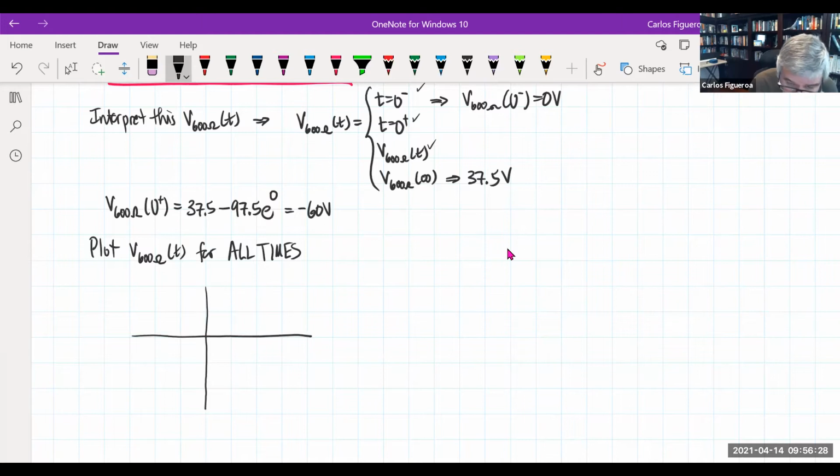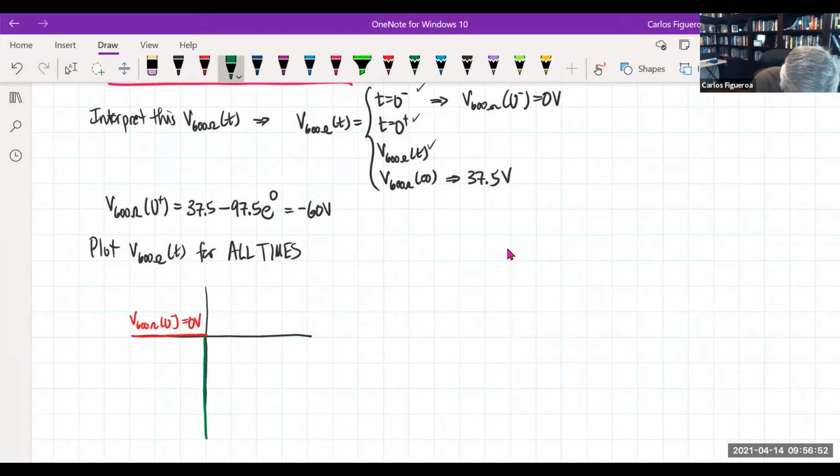So what I'm seeing here is that my voltage of the 600 ohm at this point is 0 volts. And then the switch is thrown. So what happens now? There's a big discontinuity, a huge jump. It goes from here all the way down.